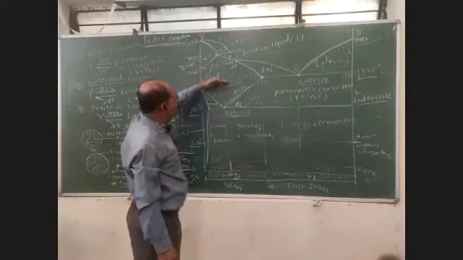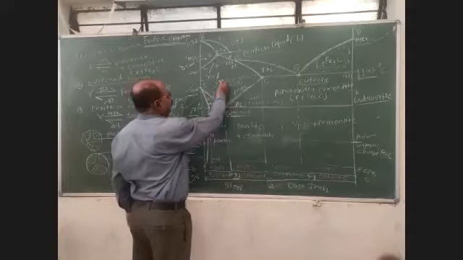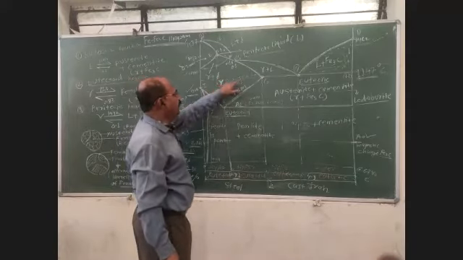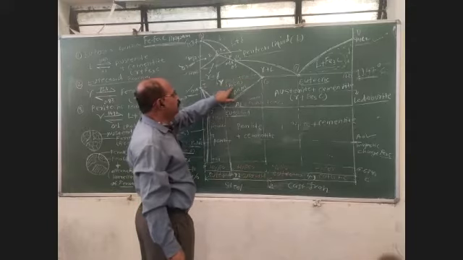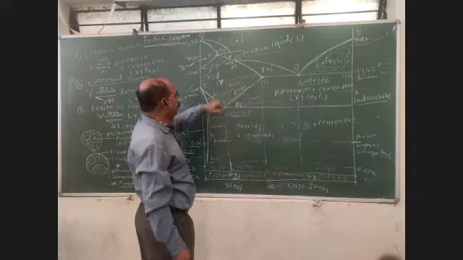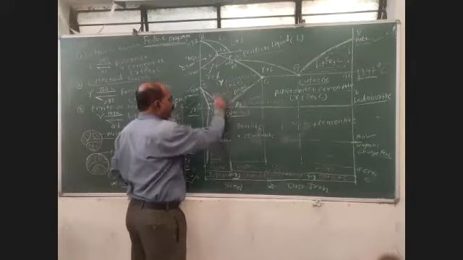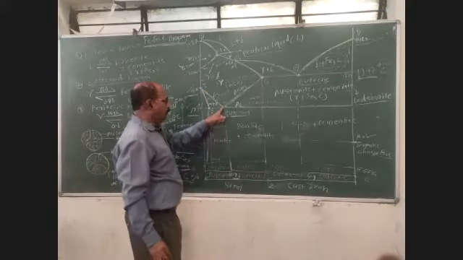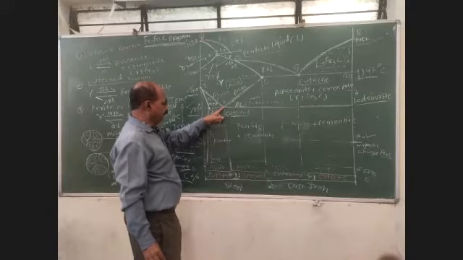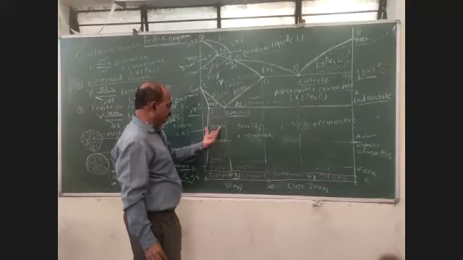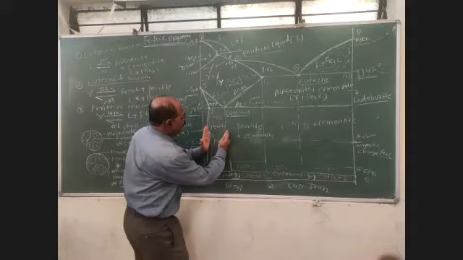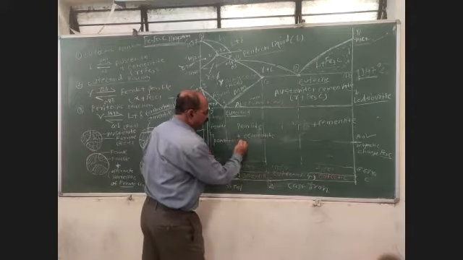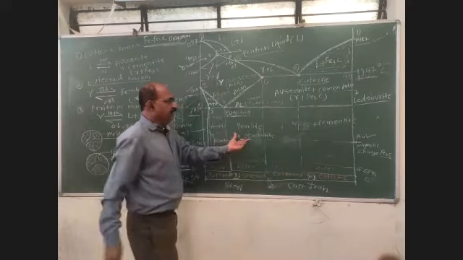Now if you cool down, this is the gamma, and this gamma structure is called austenite, face-centered cubic. When we cool down within this carbon percentage, you will see ferrite plus pearlite, and after this pearlite plus cementite.